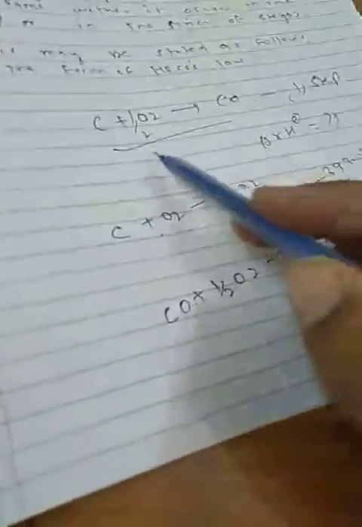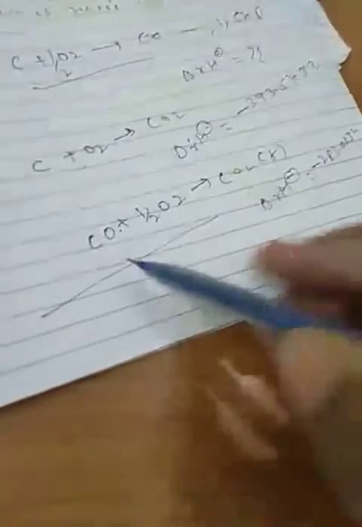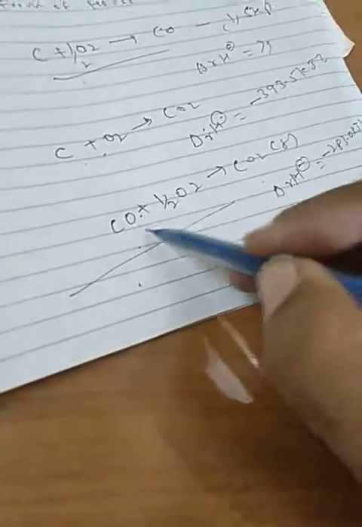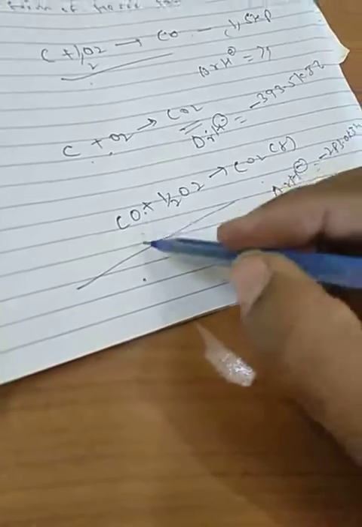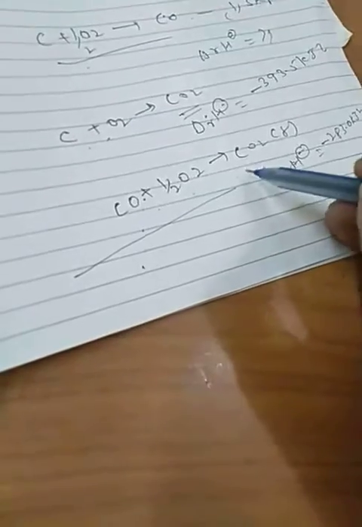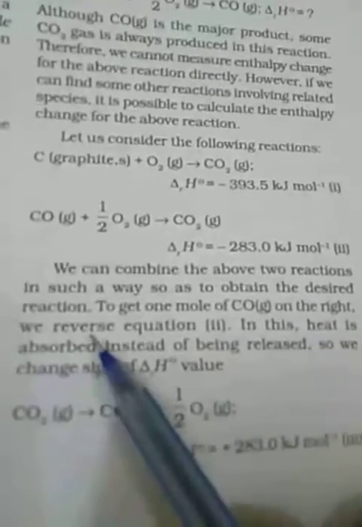These two reactions, we cannot measure directly, so we have to combine them. For the combination, we combine this heat and this heat. We can combine the above two reactions in such a way as to obtain the desired reaction.